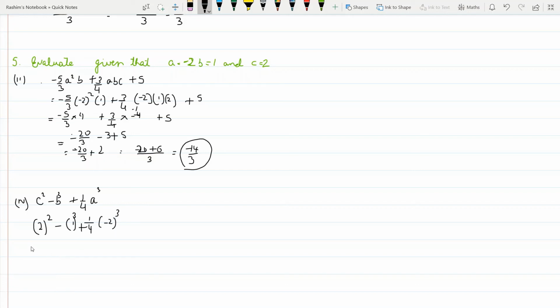This is equal to 2 square is 4, minus 1, and here we get 1 upon 4 and minus 8, so we can solve it as minus 2. So we get 4 minus 1 and minus 2. That means 4 minus 3. So 1 is our answer. Okay, I hope you have understood this.